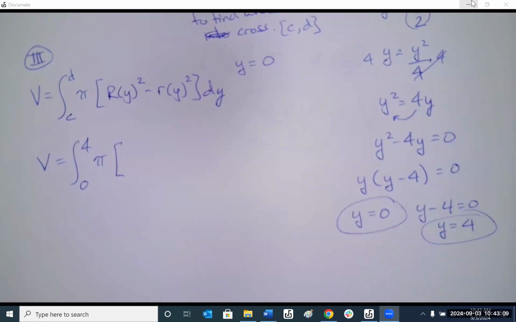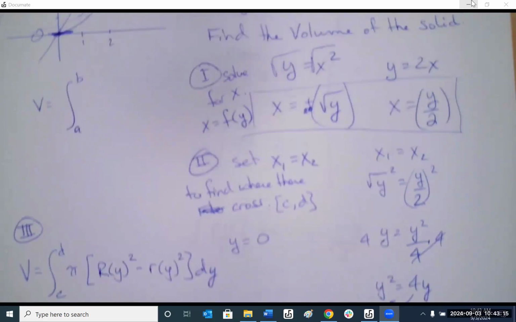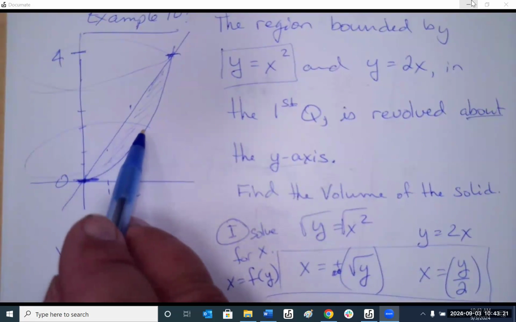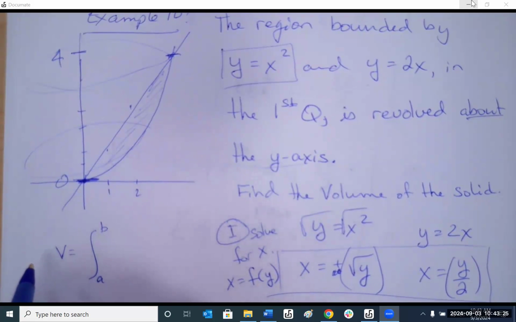Now we've got to figure out which one's the bigger radius, which one's the smaller radius. Let's look at these. Out of these two, which one's the outer radius?